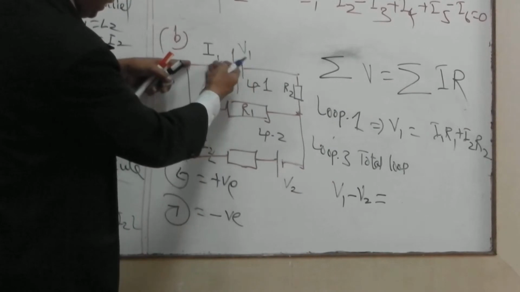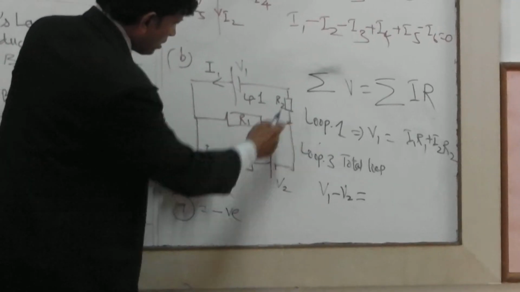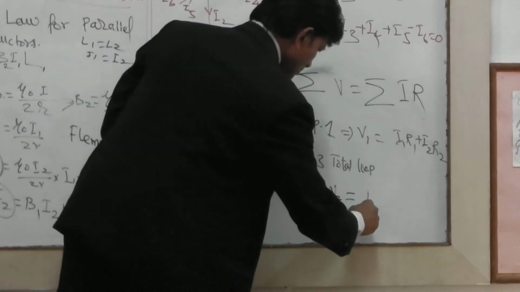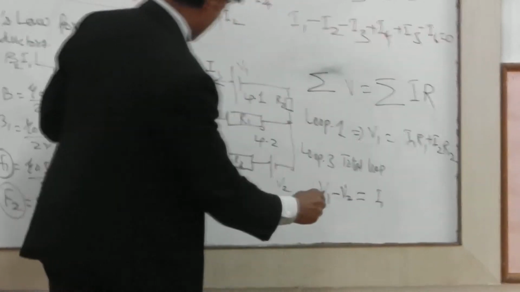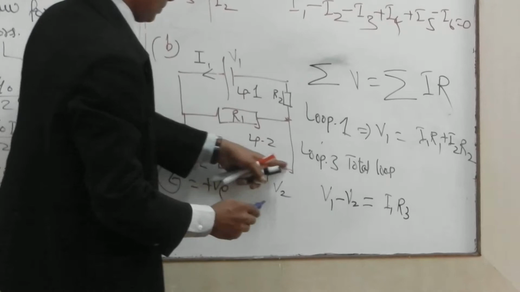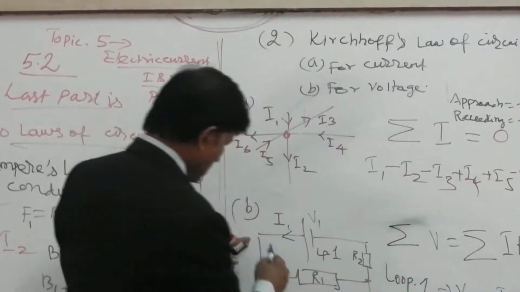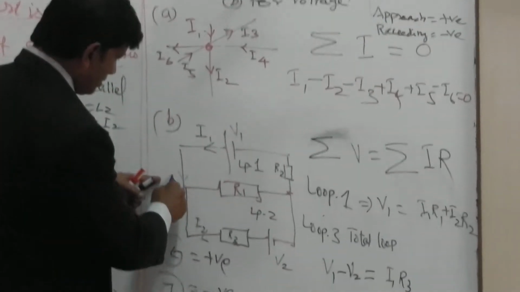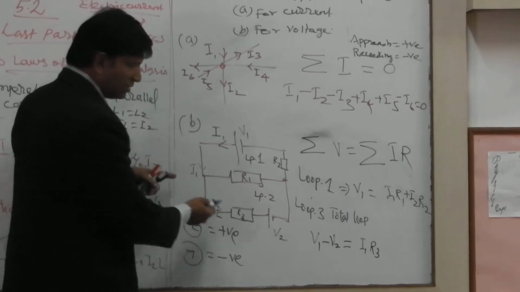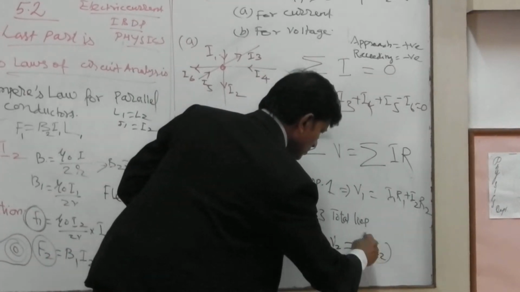When I take I1, what is the value I have got? I1 R3. But when I come here, there is I2 opposing current, so I must write (I1 minus I2) into R3.